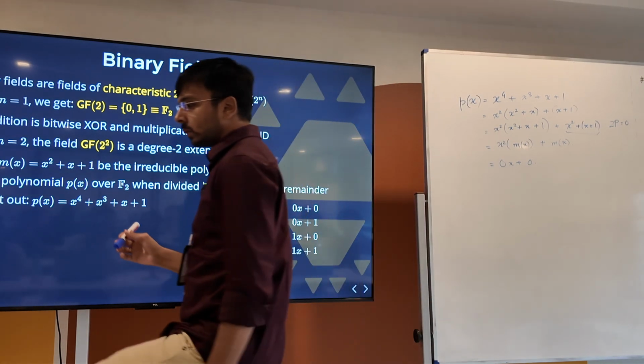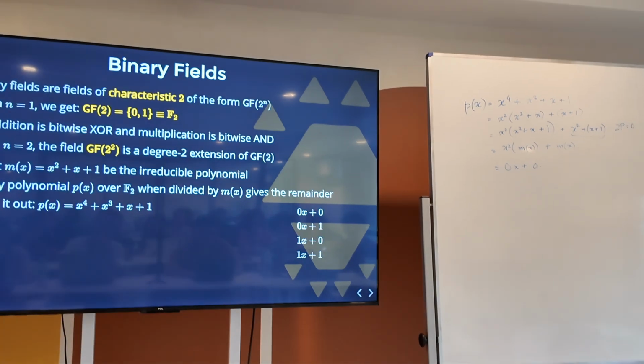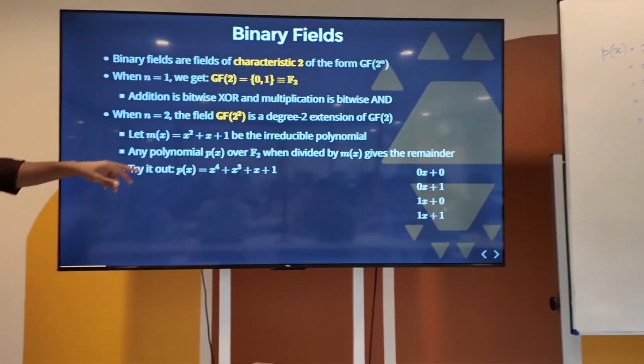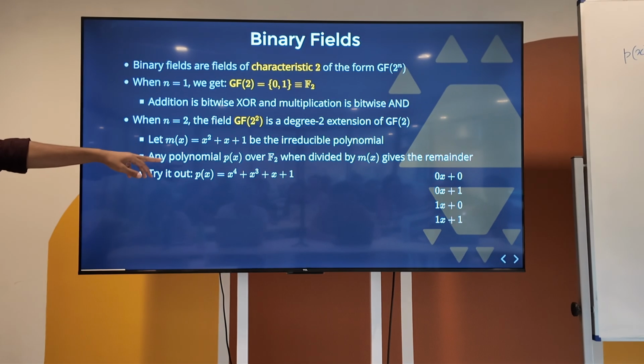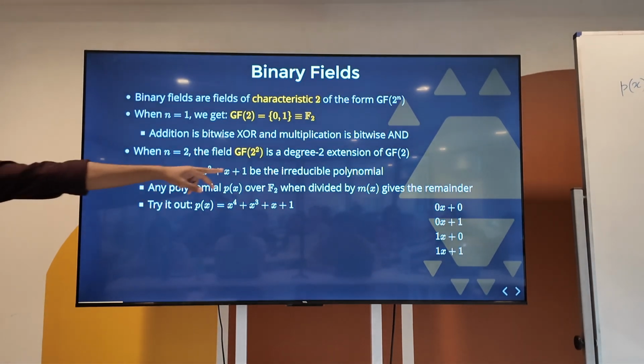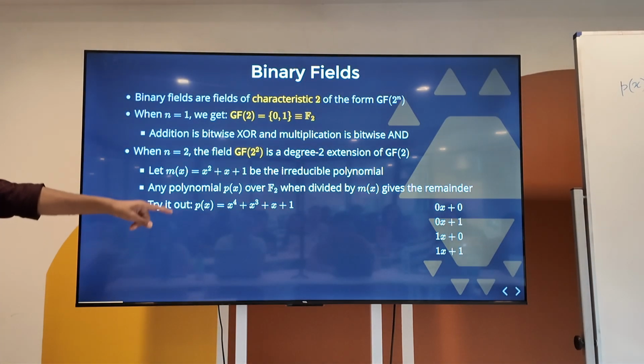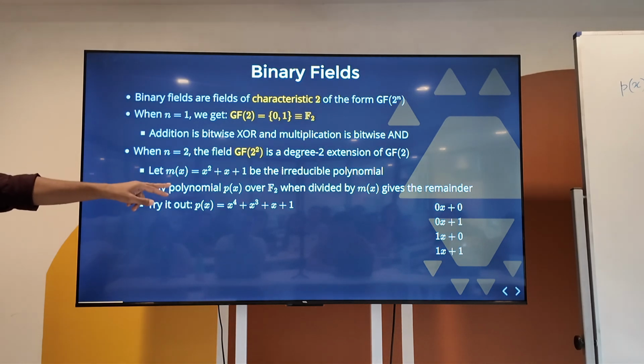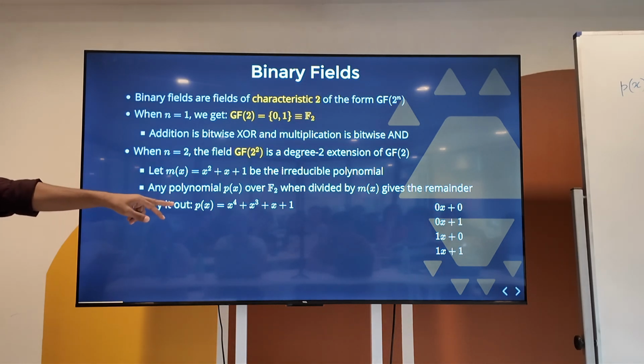So the remainder of any polynomial you define over your base field is always going to be one of these 4 values: 0, 0, 0, 1, 1, 0, and 1, 1. Does that make sense?